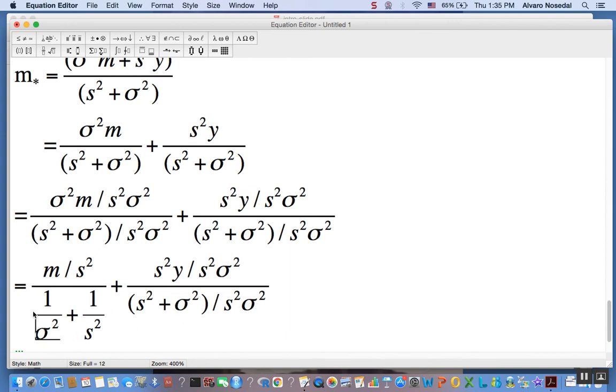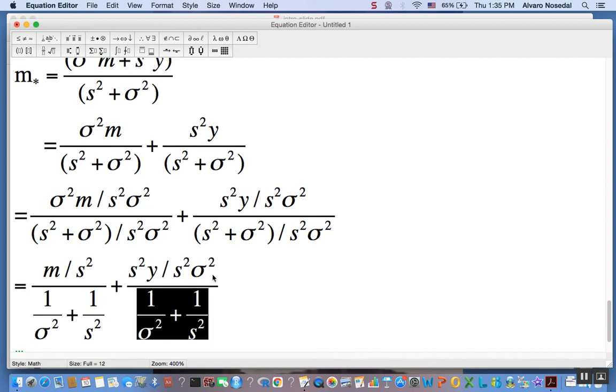But once you simplify the expression of the posterior precision, you have this. So let me use that alternative expression for the posterior precision. Now you have an s squared multiplying, you have another s squared dividing.